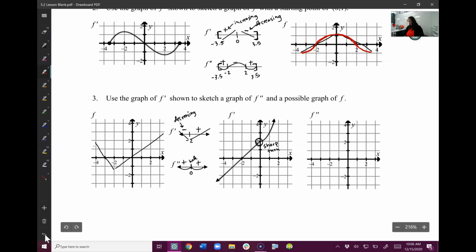So let's see. Concave up for decreasing, concave up for increasing. Something like that. Now, we do know right here that we need to be careful, because right here f prime exists, because there's no hole on the f prime graph, but f double prime does not exist because it's a sharp turn.